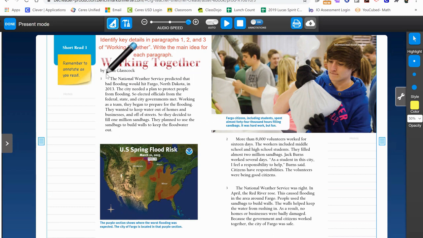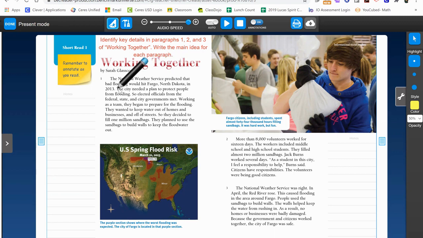The National Weather Service predicted that bad flooding would hit Fargo, North Dakota in 2013. The city needed a plan to protect people from flooding. These two sentences tell me about a problem faced by the city of Fargo in North Dakota and a need for a solution. This sounds like the sort of thing that might require people to work together. So I'm going to go ahead and underline that detail.